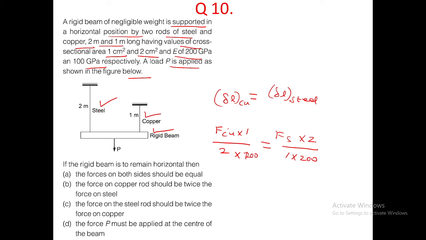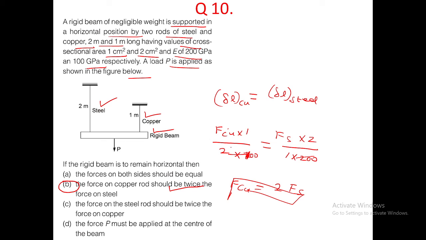Solving this, the force of copper equals 2 times F steel. So the force on the copper rod should be twice the force on steel. So the answer is B.